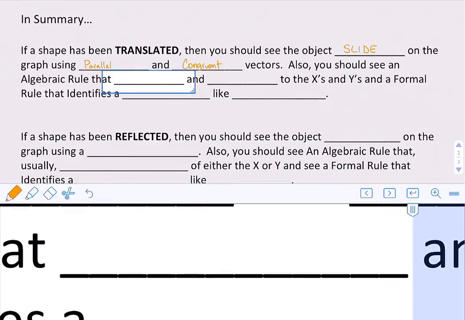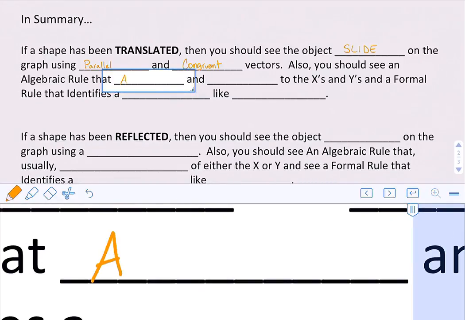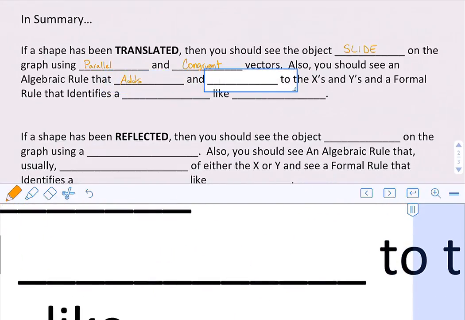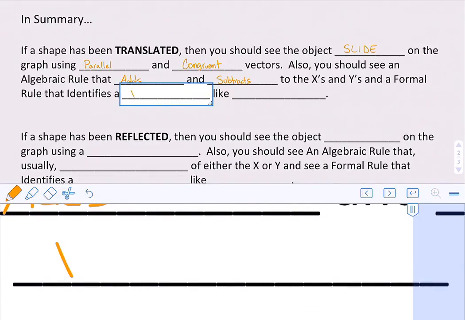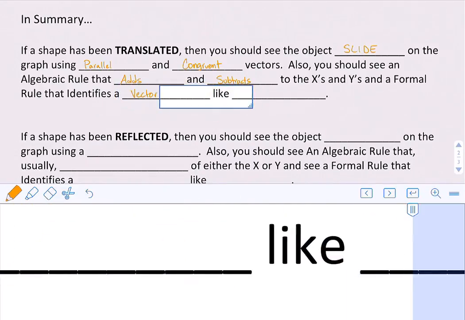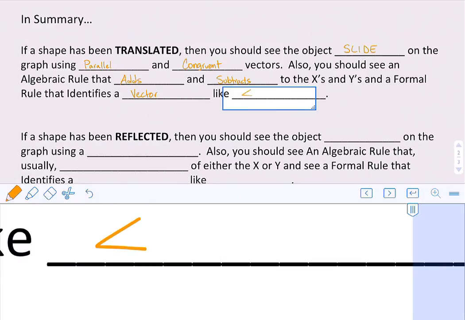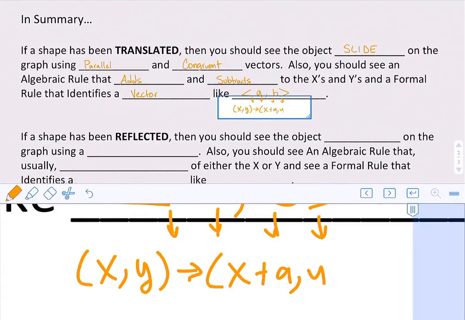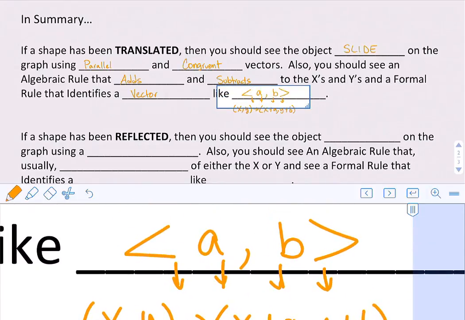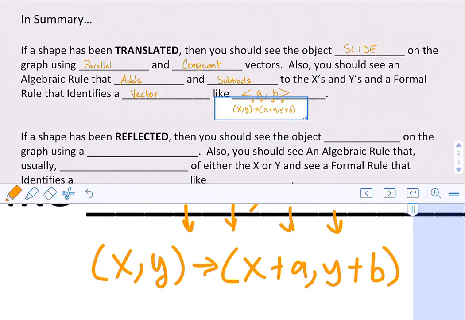Also, you should see an algebraic rule that adds and subtracts to the x's and y's, and a formal rule that identifies a vector, and the most important thing is the vector. That vector is going to look something like brackets A and then B, which translates to x, y going to x plus A, y plus B. And so if A and B were 5 and 6, that would be x plus 5, y plus 6.